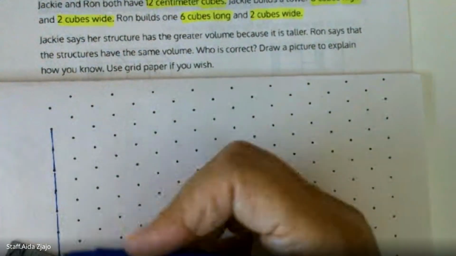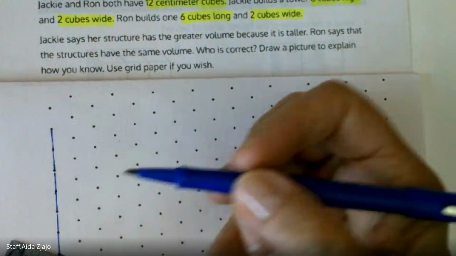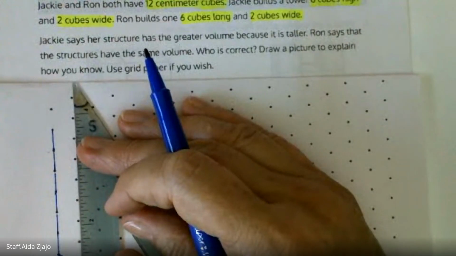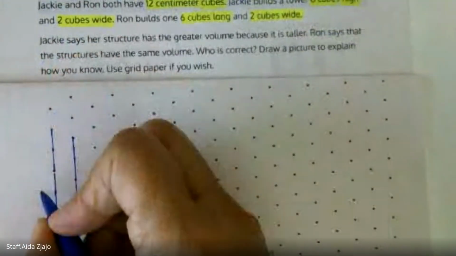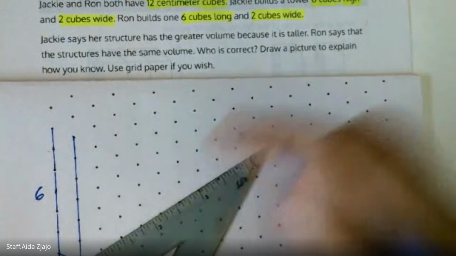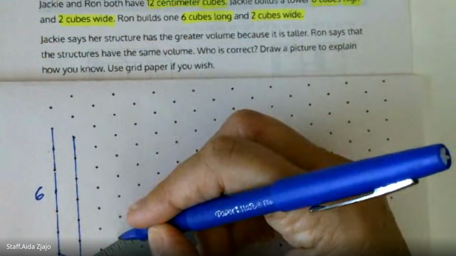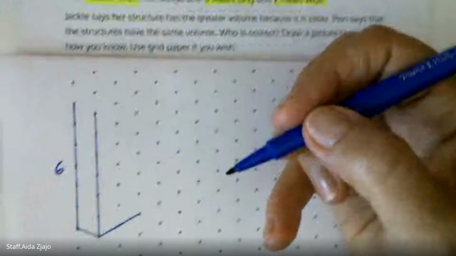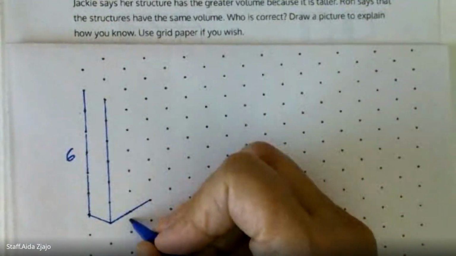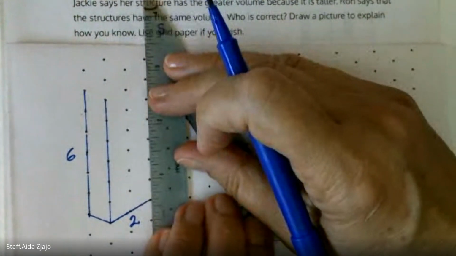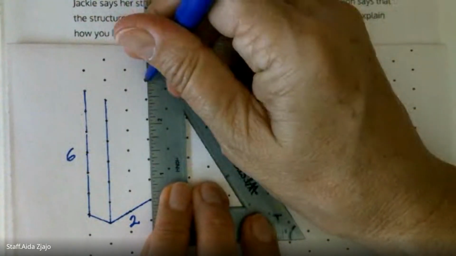So I'm going to make that the cube, just one of these. So here's the height 6, and then the width is going to be 2. So this is 1, 2. All right, so 6 by 2.